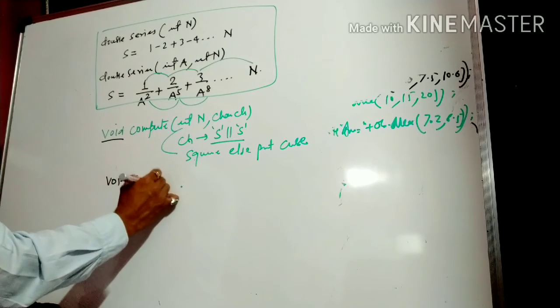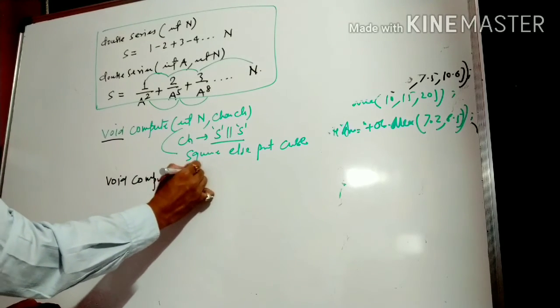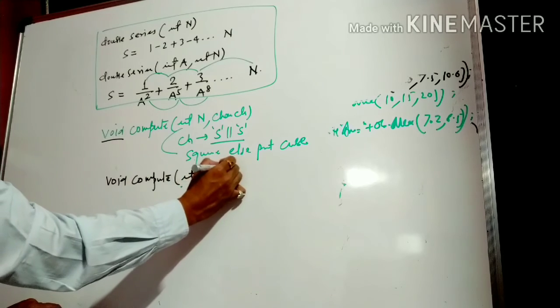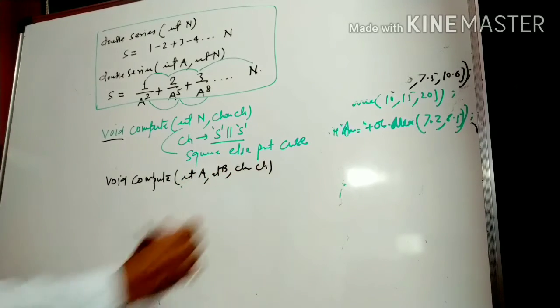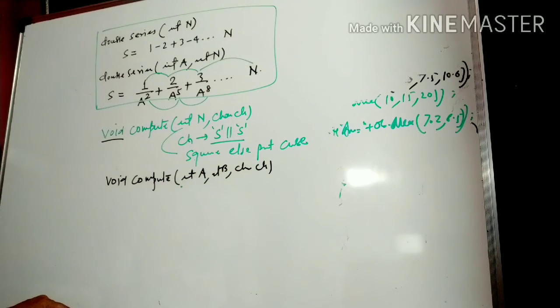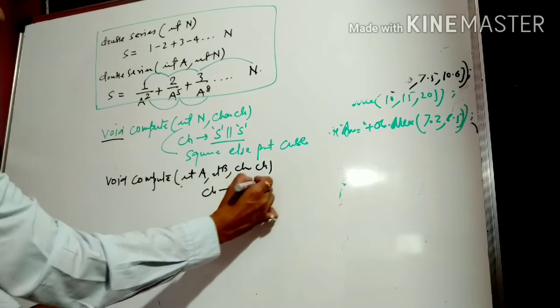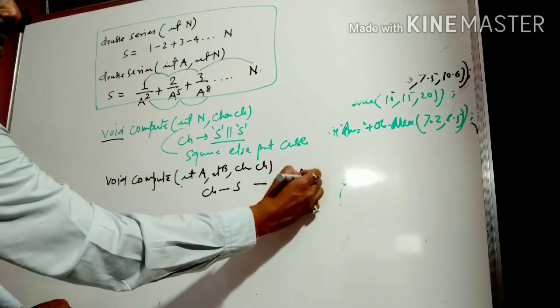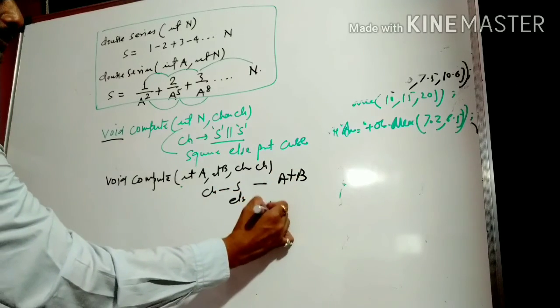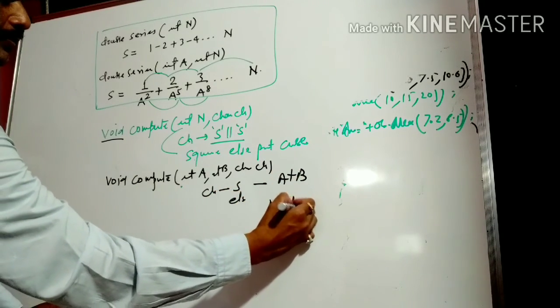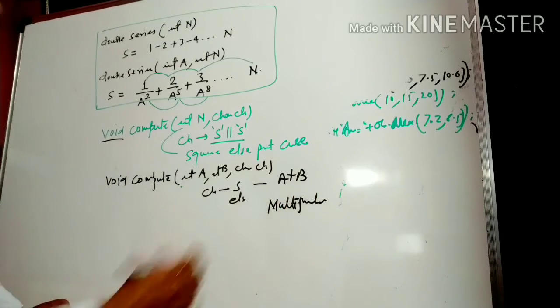Again, compute. Here is integer a comma integer b comma char ch. Three parameters, two integers, one character. If ch is equal to s, then print the addition of both the numbers, else print the multiplication of both the numbers.